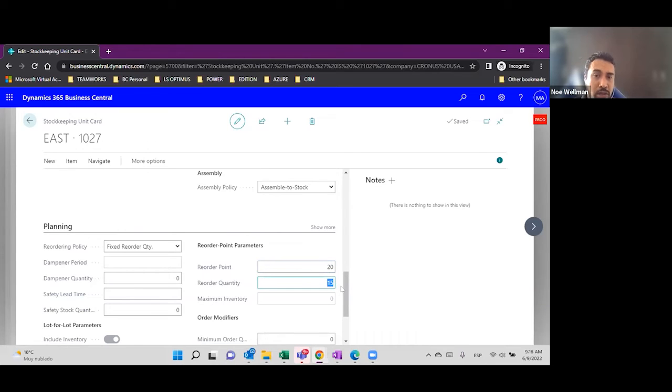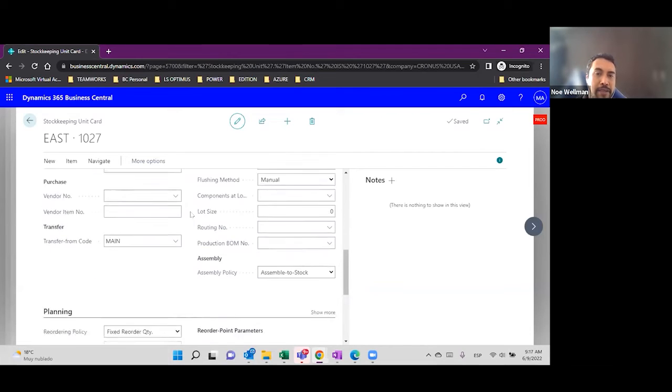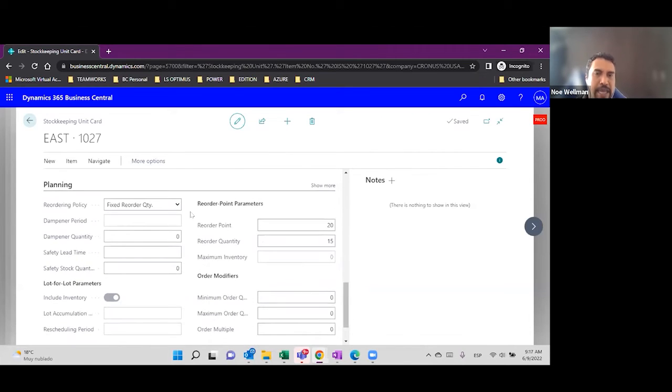So you need to understand how we are going to be working. In one area we can purchase, and in other warehouses we can indicate, okay, we are going to be able to transfer. Here's where your planning begins. Item by item, yes. But this is why we have these webinars, so you can group your items with specific characteristics.